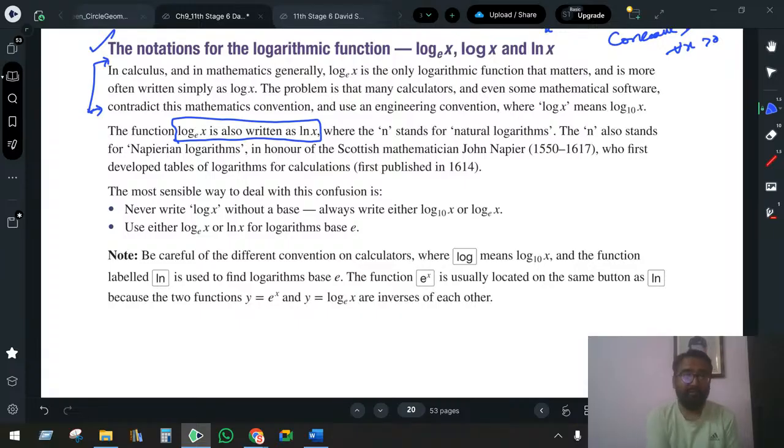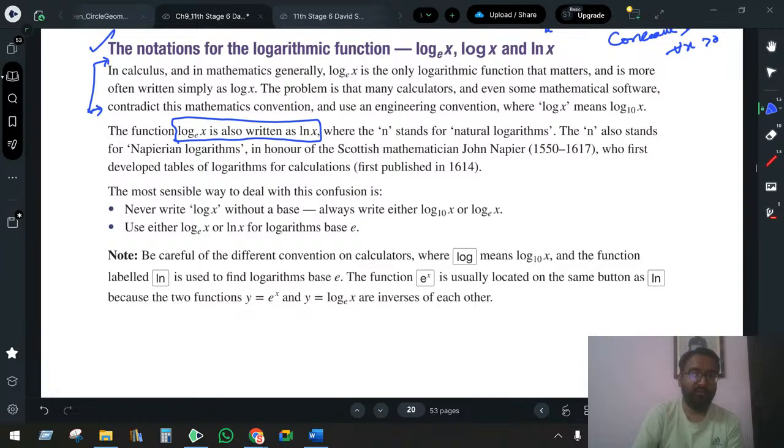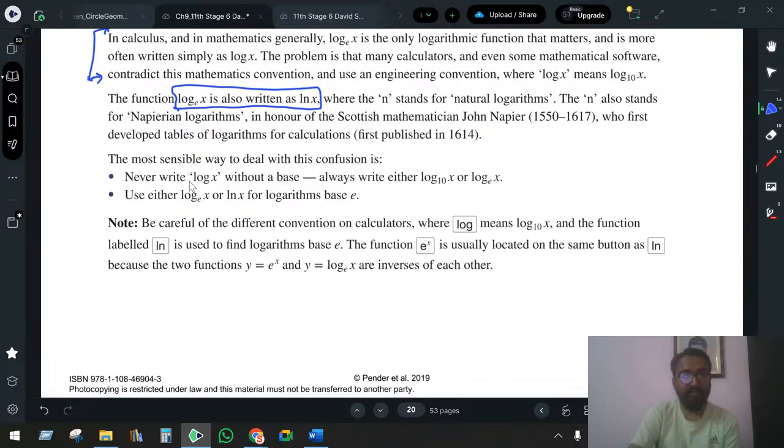So n stands for Neperian logarithms, in honor of the Scottish mathematician John Napier, 1550 to 1617, who first developed the tables of logarithms for calculations, first published in 1614. The most sensible way to avoid confusion is to never write log x without a base. Can you read this point?